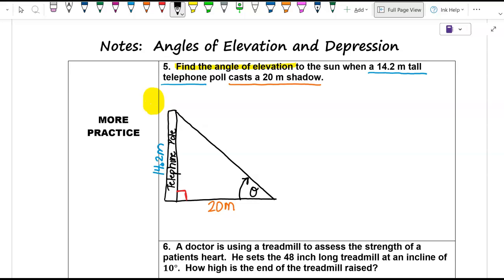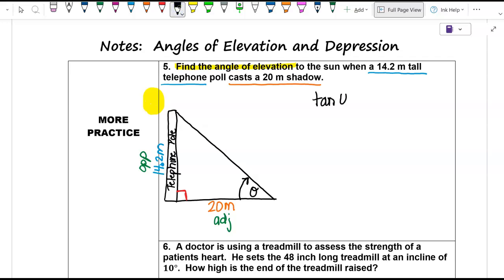So now I have to identify the parts there. In relation to my angle theta being my reference angle, what does the 14.2 represent? The opposite. And what does the 20 represent? Adjacent.